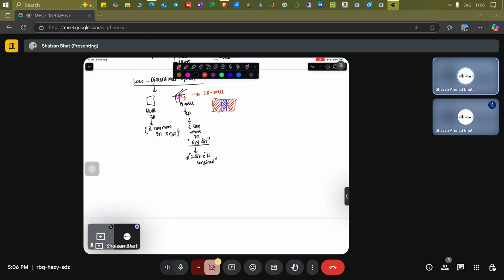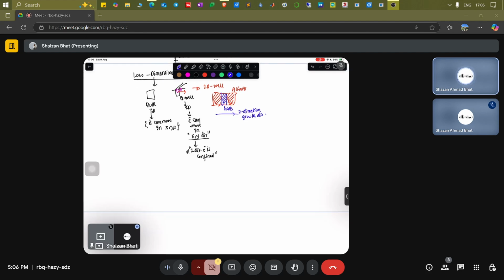Let's say you have aluminum gallium arsenide on the two sides, and the blue one is gallium arsenide. This is the Z direction, called the growth direction, the direction in which your material grows. In that growth direction the electron cannot move, which is why it is a two-dimensional system.